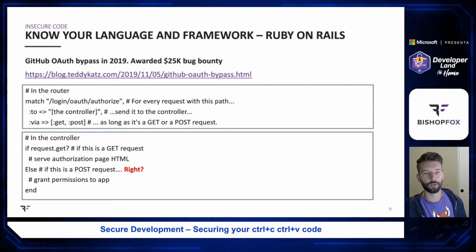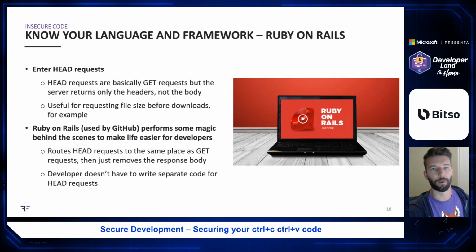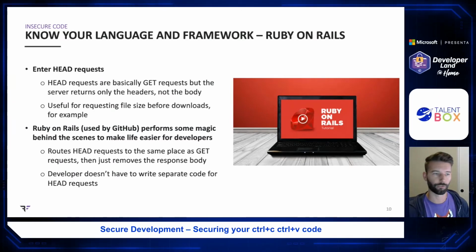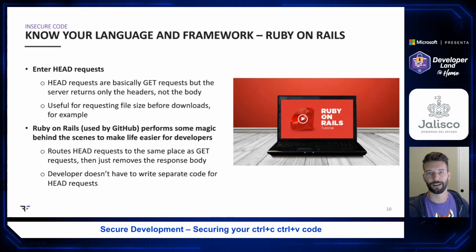But Ruby on Rails does certain things behind the scenes to make life easier. So let's talk about HEAD requests. A HEAD request is a GET request where the server only returns the headers and not the body of the response. This is useful, for instance, when you're trying to download a file and the browser first wants to check how big that file is before actually starting the download.